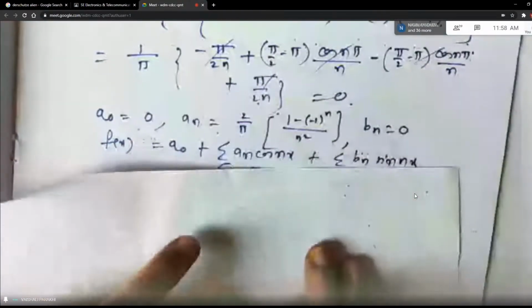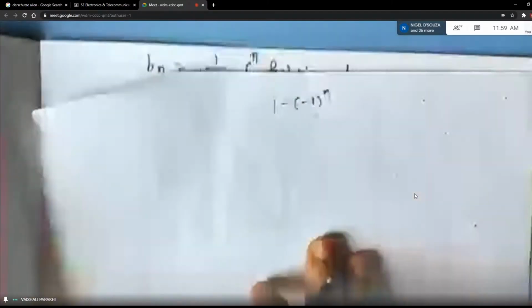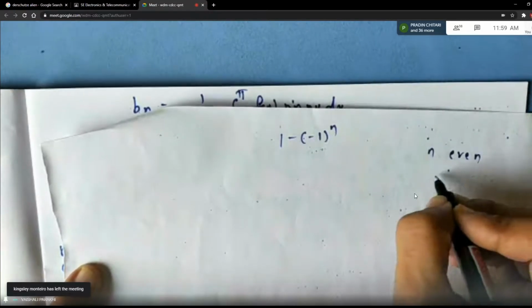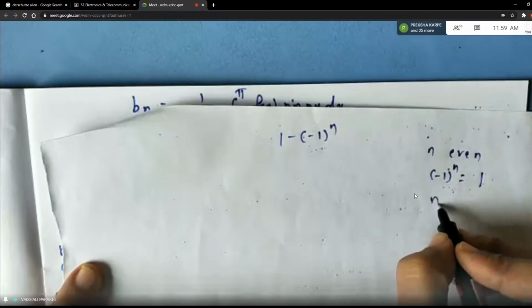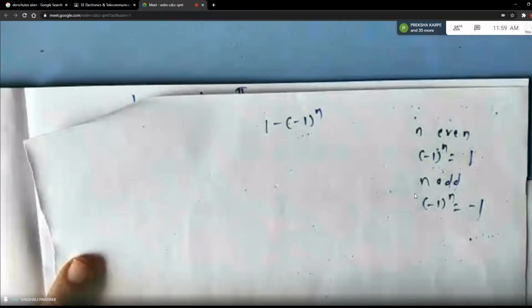It is 1 minus (-1) raised to n, no, students? So when n is even, minus 1 raised to an even number is 1. And when n is odd, minus 1 raised to n becomes minus 1. This property you know.